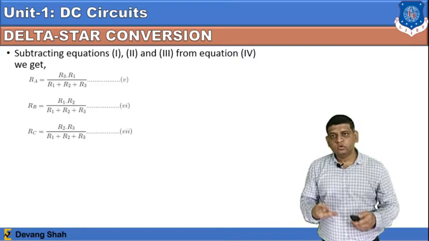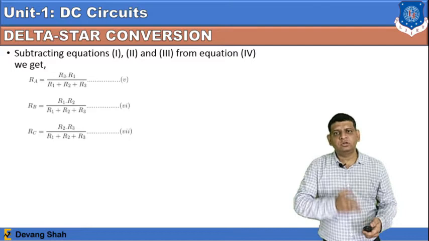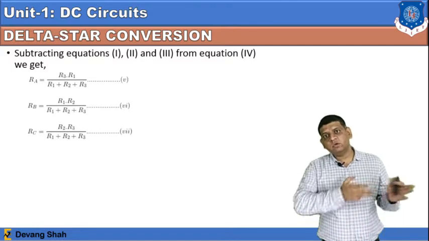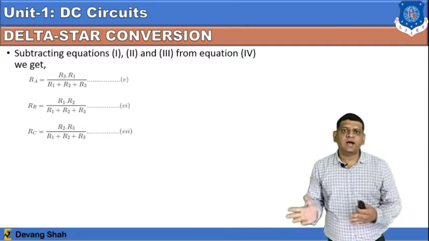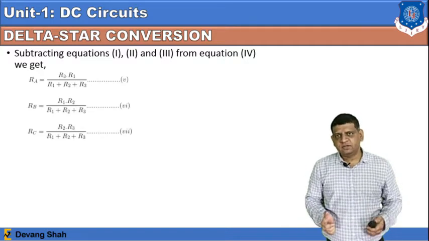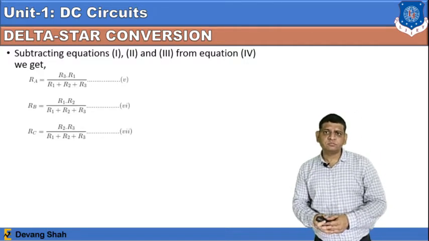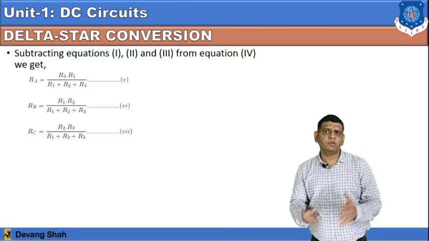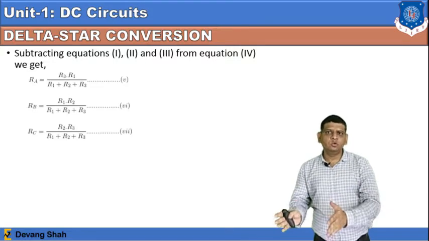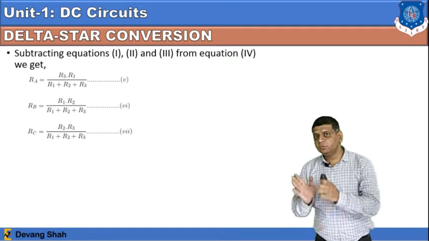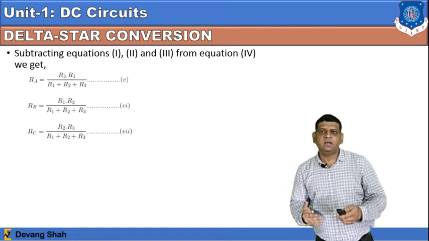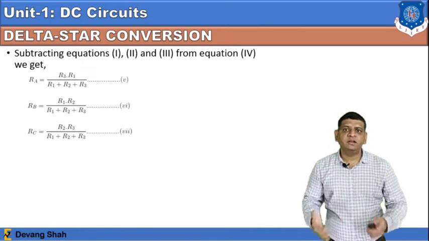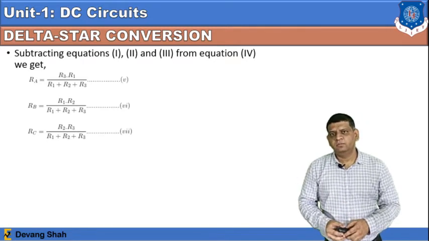If I subtract equations number 1, 2, 3 respectively from equation number 4, I will be able to find the separate equations of RA, RB and RC. These equations are in terms of the delta resistances.